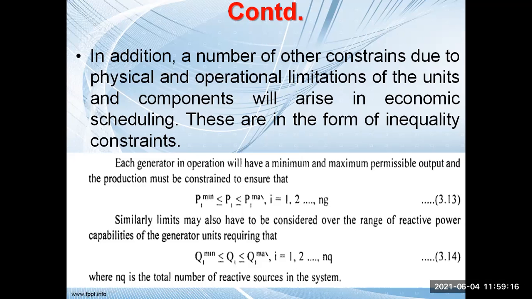First, we have to know that in a system there are n number of generators. Each generator will generate between some minimum generation and some maximum generation. We have discussed this point also. Similarly, this is applicable for reactive power also: the reactive power of any generator will be generated between some minimum value and some maximum value.